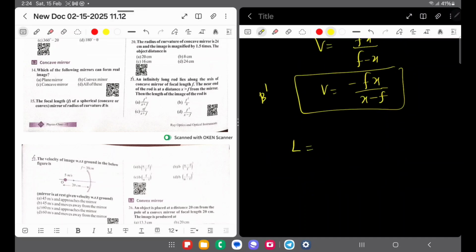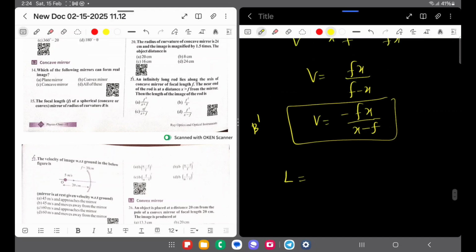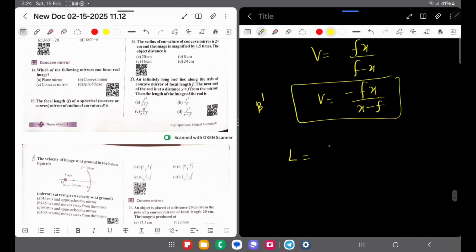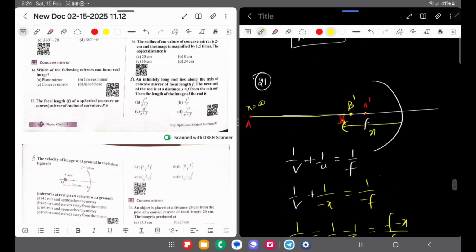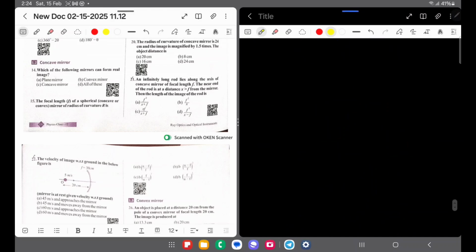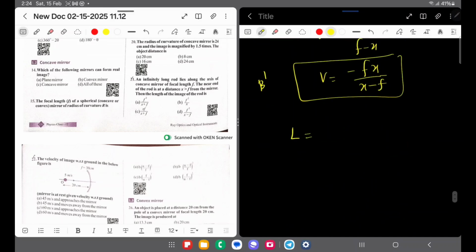We know the way to calculate the length of the image. Take the value alone. B dash position is fx by x minus f, and A dash position is f.